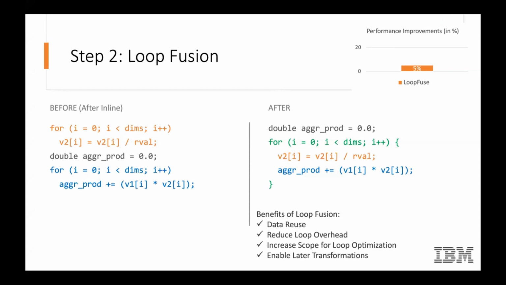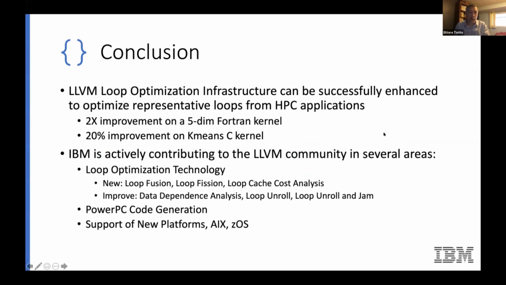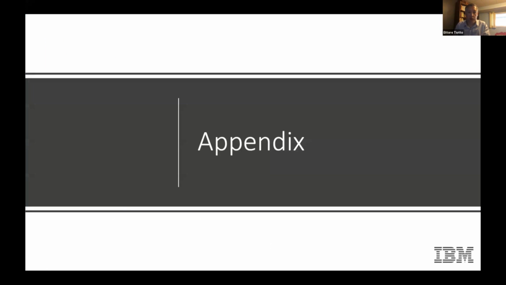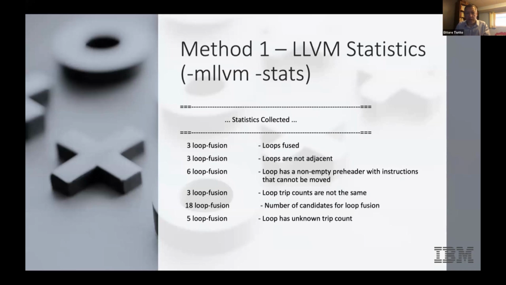Correct. My personal opinion here is that LLVM has a way to trace what each transformation is doing with the optimization report, which is essentially written for compiler developers. I think we have something in the appendix.